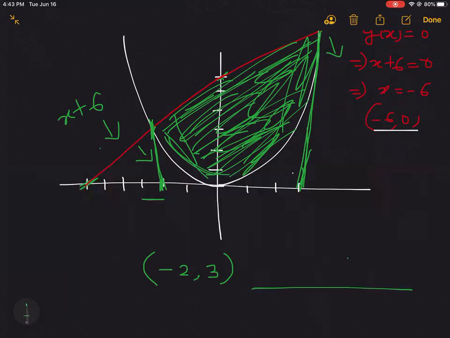Even on the number line, if you start from -2 and end at 3, you can use that, as Daniel said, because this is open. If it was closed, you would have used this.